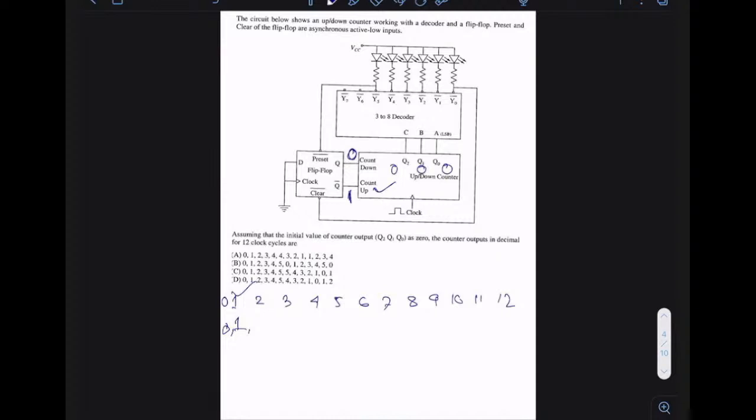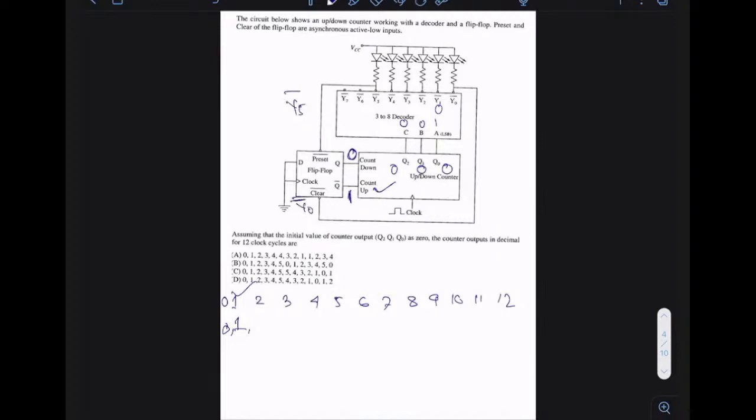If this is 1, that means this is 0, 0 and 1, right? In this case Y1 bar will be 0 and the rest of the bits will be high. But now you need to understand one thing. What is connected to this particular preset? Y5 bar is connected. And to this particular clear, Y0 bar is connected, right?